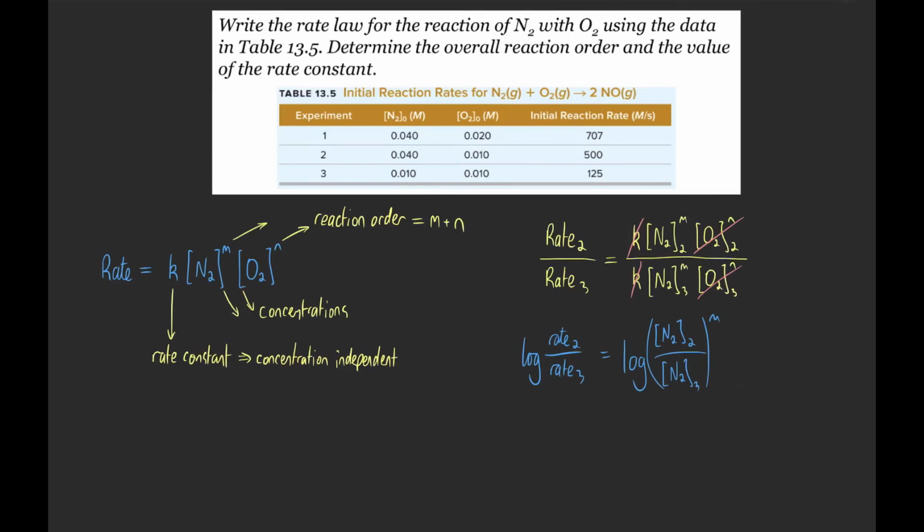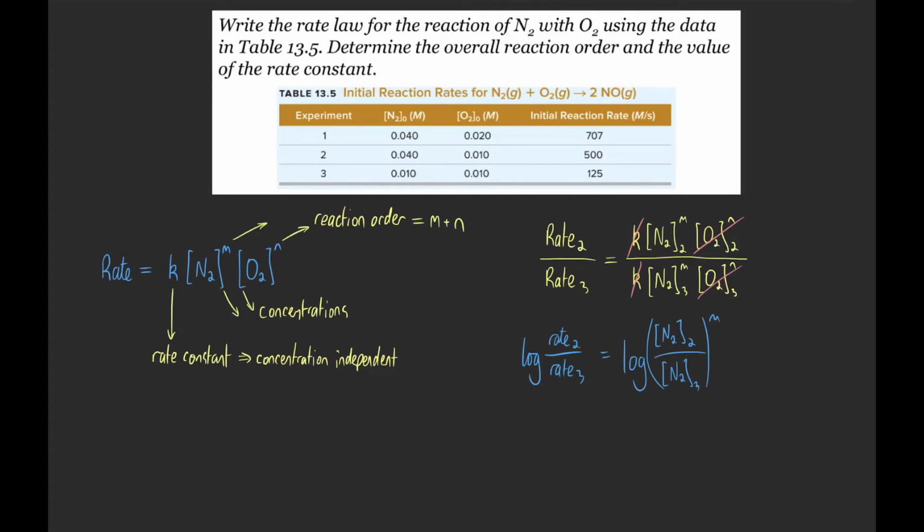We can also now apply some of the rules of logarithms, which tells us that if we're taking the log of something and that something is raised to the power of another thing, then this is actually equivalent to that other thing, in this case M, multiplied by the log of that subject.